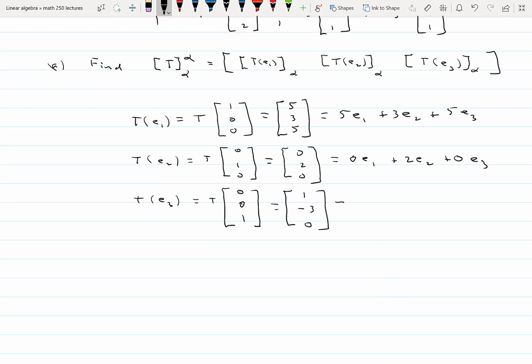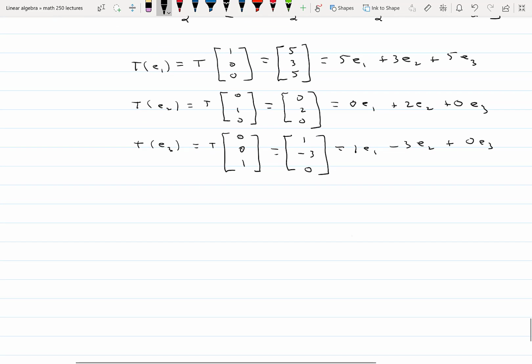Now write that result in terms of the basis vectors in the second space, which are still alpha again. So this is 1 E1 minus 3 E2 plus 0 E3.